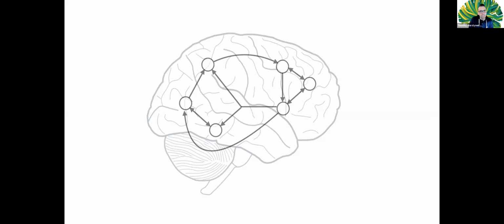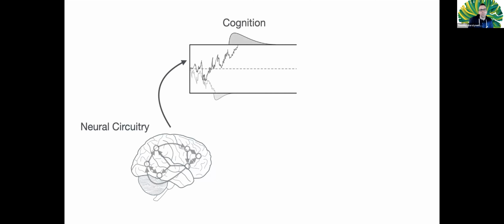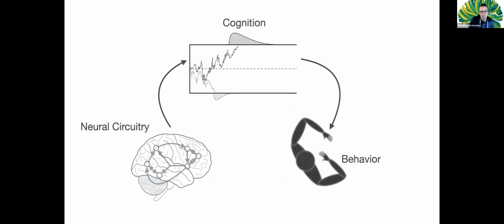So my lab is really fundamentally interested in understanding the architecture of these pathways, the specific unique configuration of connections in the brain, and how those constrain the algorithms of cognition. And what I mean by the algorithms of cognition are the high-level algorithmic descriptions of behavior that give rise to specific types of output.